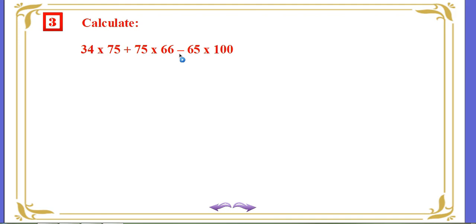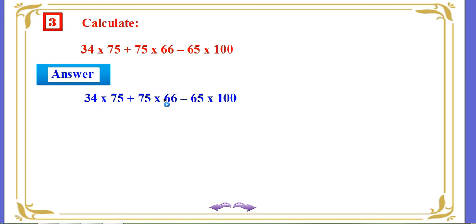Or rather, you can use the distributive property of multiplication over addition and do the following. You have the sum of two products. They have two factors that are the same, 75. So you multiply 75 times the sum of the other two factors.